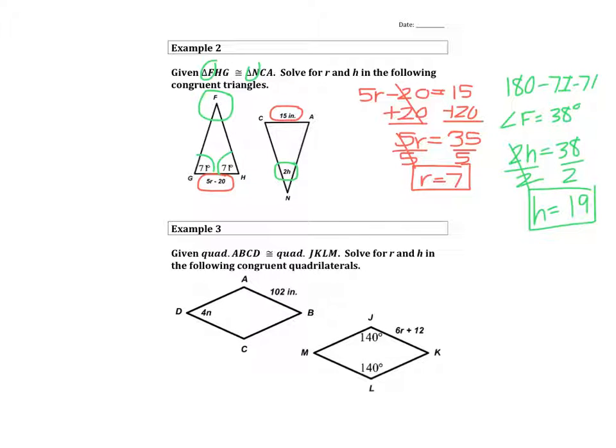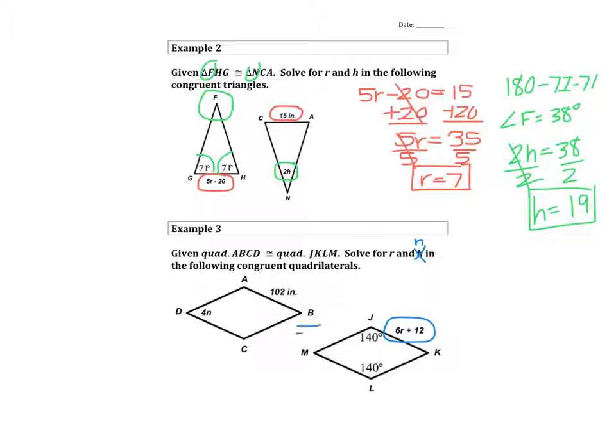We're going to repeat the process. Okay, in the next shape, I have two quadrilaterals. ABCD is congruent to quadrilateral JKLM. And actually, I have to change some of these letters. Instead of H, I have an N here, so there's a little typo there. Find those missing variables. We're going to repeat the process like we did with the triangle. So I have 6r plus 12. What's it going to match with on the other?